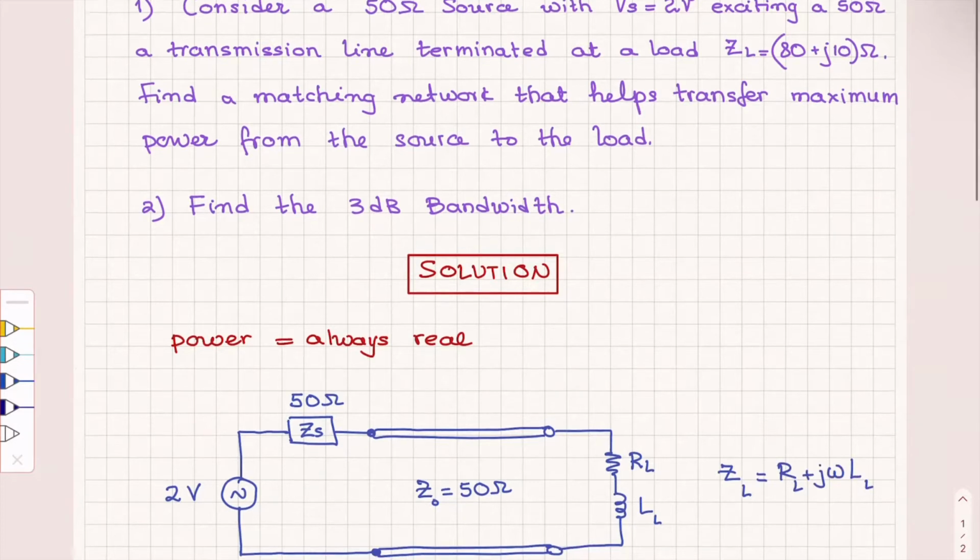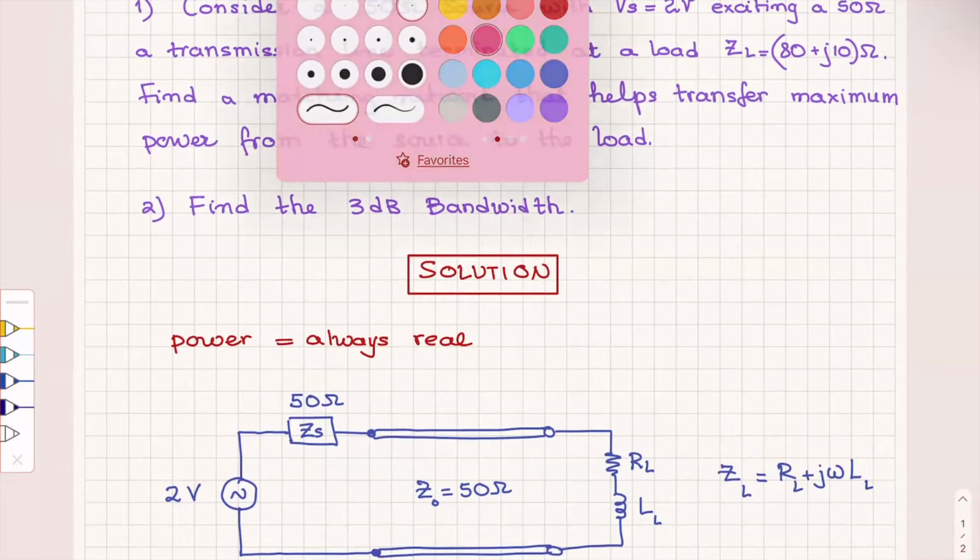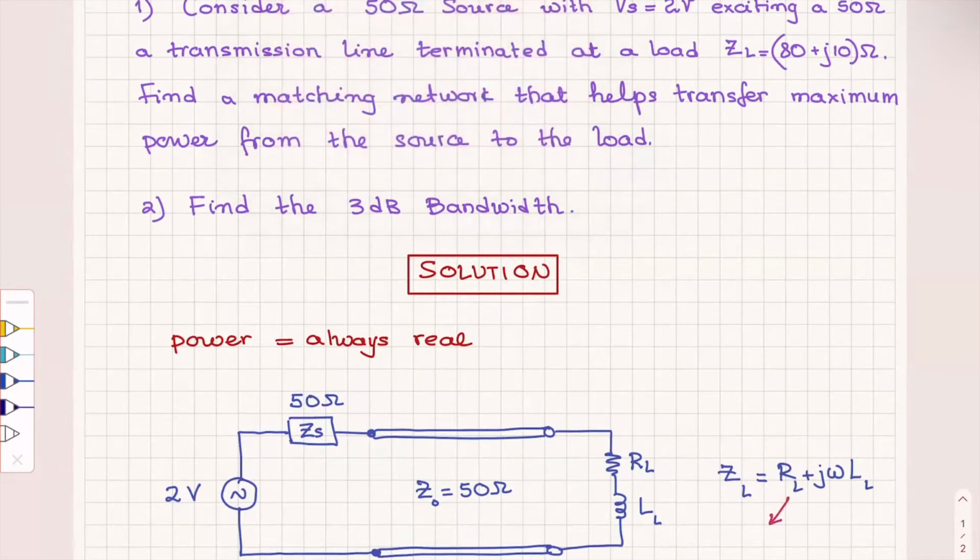So obviously, since I give you that omega L here, what do I give you? I give you that this is 80 ohms, a resistor, and then I give you that all of this is 10 ohms.